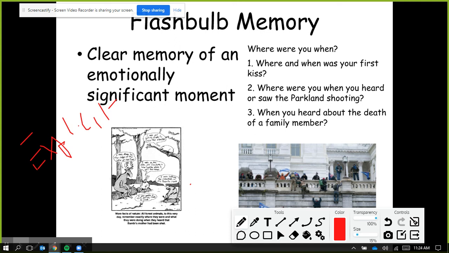Anything like any of those big moments, the Beirut explosion. Yep. All right. Your dog dying. Yep. Okay. All right. It's really just any of these that are emotionally significant, and it's almost like our brain takes a snapshot of that moment. All right. Last thing. Gone longer than I wanted to.